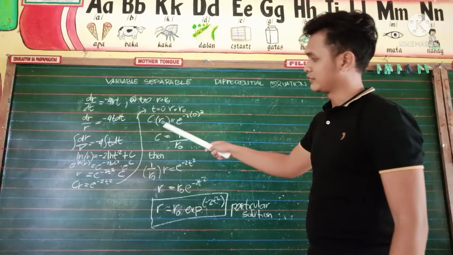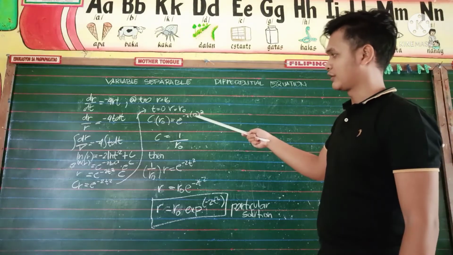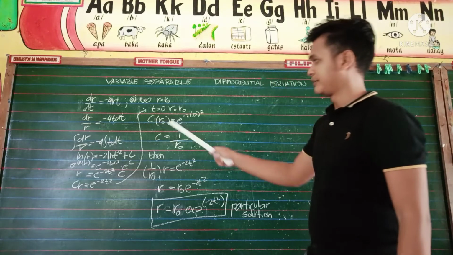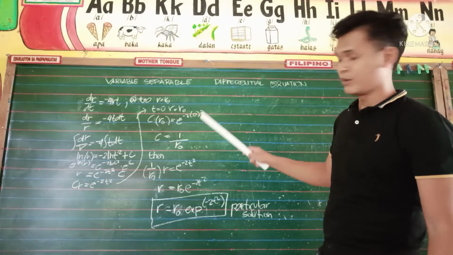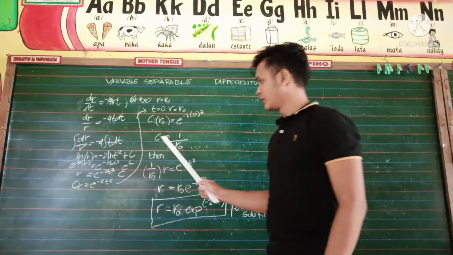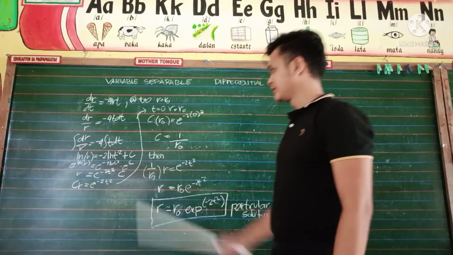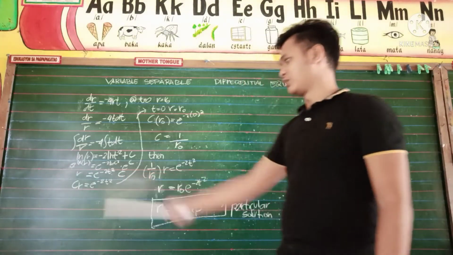So c is equal to e raised to negative 2, 0 raised to 2 is always 1, and dividing both sides by r sub 0, c is equal to 1 over r sub 0. Then in this one we have the value of the constant. We need to substitute the constant in the general solution.